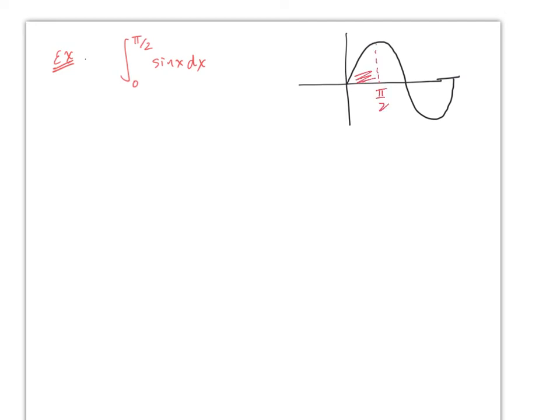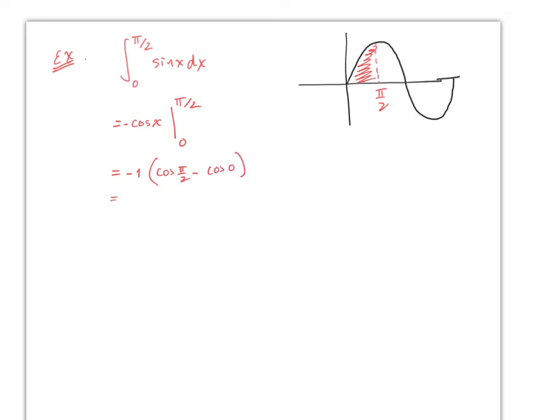So this is the area that you want. All you have to do is find the antiderivative. Remember that the antiderivative of sine is minus cosine. Why? Because the derivative of cosine is minus sine, and this is from 0 to pi over 2. Whenever there is a negative sign or a constant, it's better to put it outside. So then this is cosine of pi over 2 minus cosine of 0.